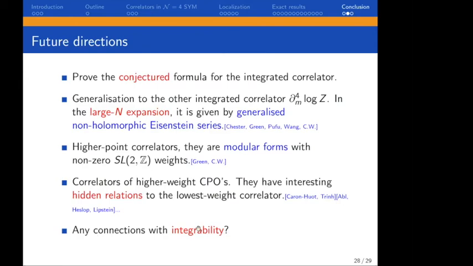Finally, we have been using techniques of supersymmetric localization. However, some of the answers we found may have a hint of something to do with integrability, although, as I emphasized, we are talking about finite N, not the planar limit.